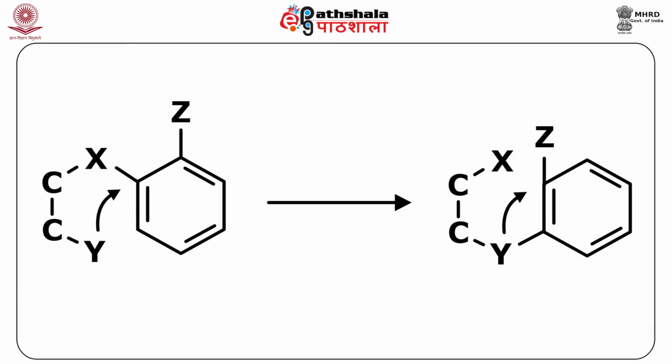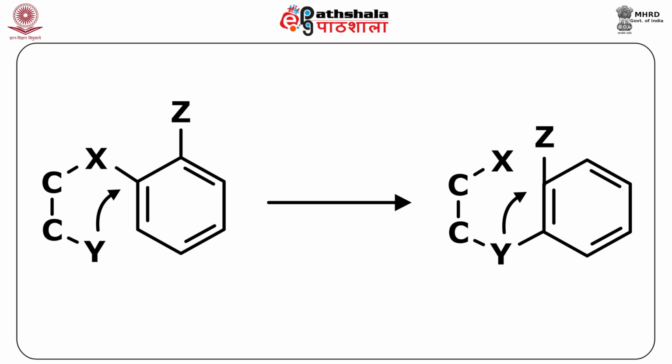The Smiles rearrangement, students, is an example of intramolecular nucleophilic substitution. Remember, it is intramolecular nucleophilic substitution. It involves attack on an aromatic system bearing an activating electron withdrawing group at ortho and para positions to the reaction center connected to a heteroatom.